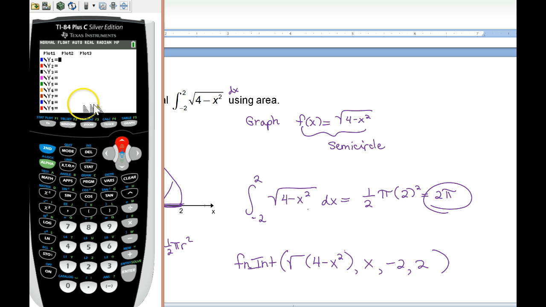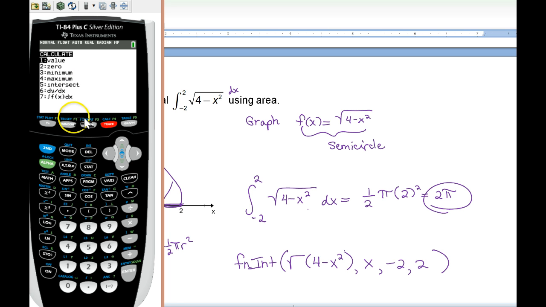Okay, you can also do this by graphing. If you put in the square root of 4 minus x squared, and then let's graph it in standard. This part is the same no matter what type of calculator you have, TI 83 or TI 84. So we're going to go to second trace. That's where you calculate.